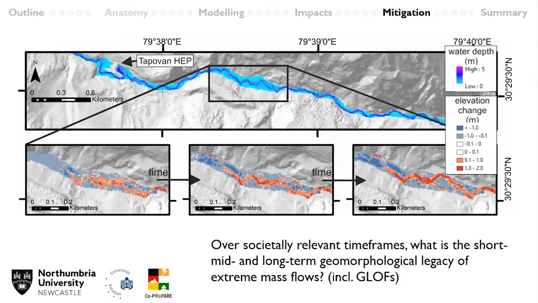This again is the last time I'll touch on this Chamoli event, but this was interesting in many ways because we did some work following the event, which I might add destroyed or damaged at least 3 or 4 hydropower facilities. We used a landscape evolution model combined with a hydrodynamic model to look at what the evolution of the landscape would be following the event.